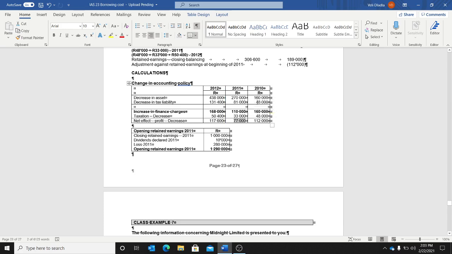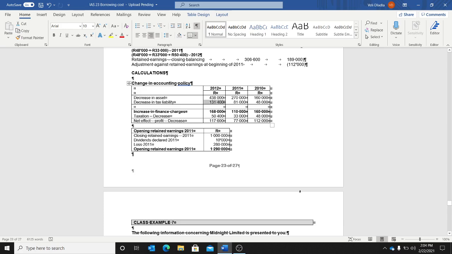Now obviously if you've got 48 here plus 33, must give you this one here. Right, so you go on here, it's 168, the increase is 50. So this 50 plus this 81 here must give me this one here, the 131, 400.